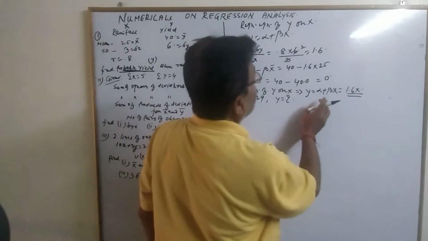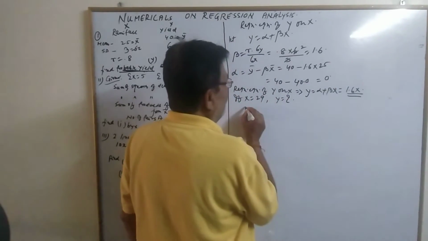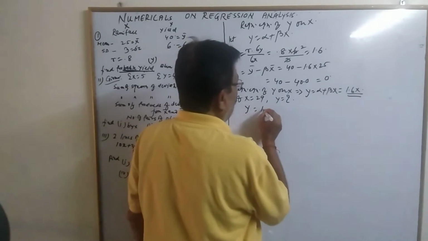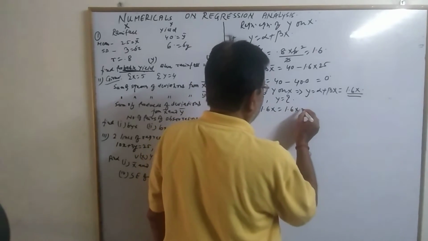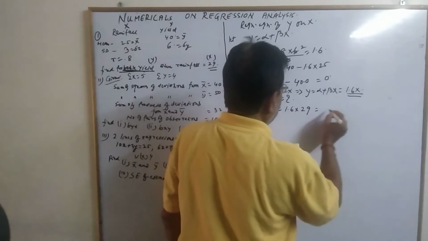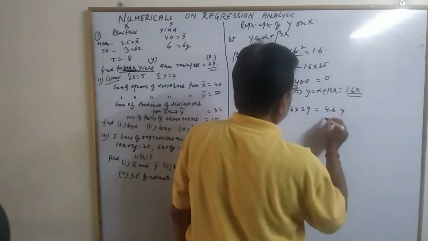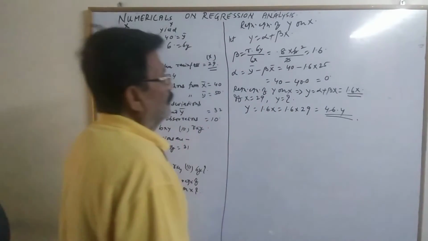Now from this one we can estimate y if x is 29. Simply in the regression equation of y on x, the value of x would be put as 29. So y would be 1.6x, that is 1.6 into 29, so this is 46.4.